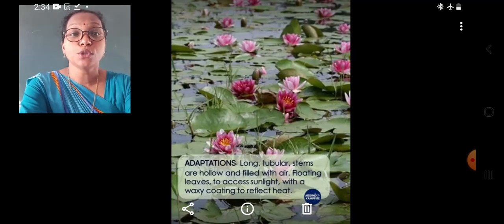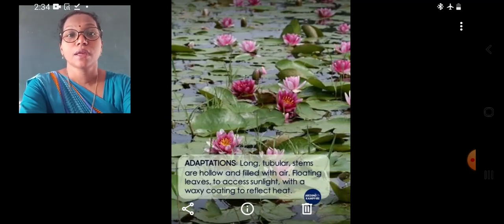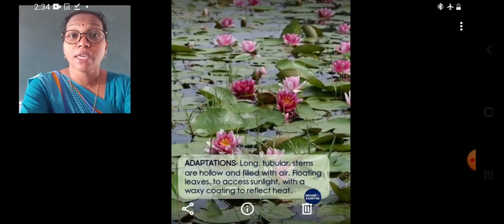The long tubular stems help them to stay afloat, and these stems are filled with air. The leaves are floating. The upper surface of the leaves has a cuticle that reflects the light.